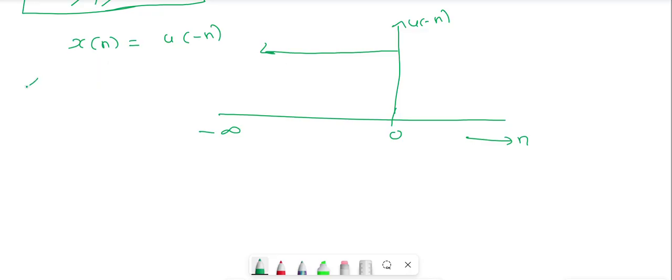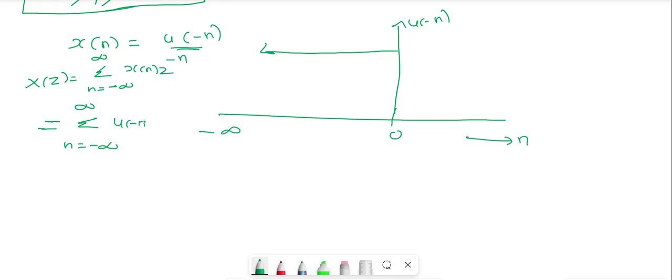Now substitute into x of z is equal to the summation of n equal to minus infinity to plus infinity x of n into z power minus n. Here x of n is u of minus n, so u of minus n into z power minus n.